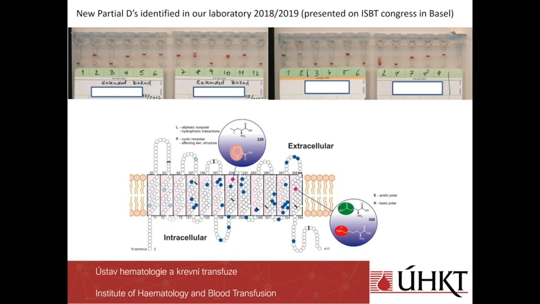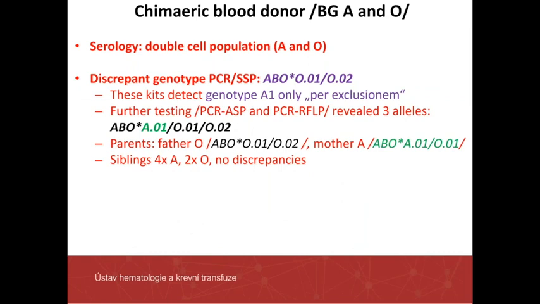And finally, one strange and interesting case of a healthy blood donor who was found to be chimeric and has both populations of A and O genes. And in this person, we have found more sets of alleles than is normal.